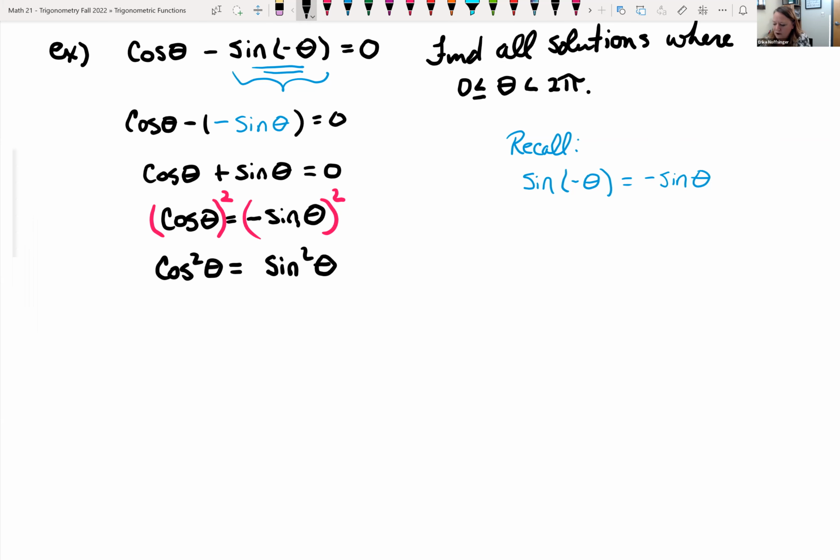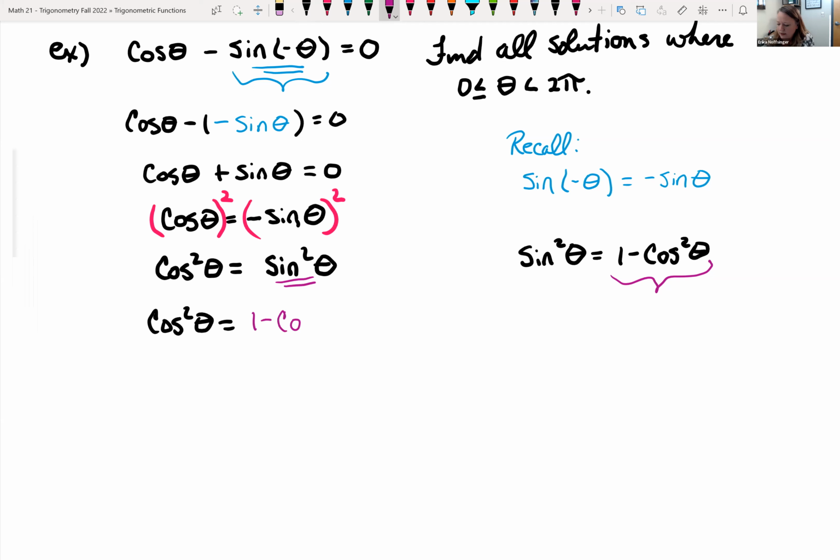Recall, we saw that sine squared theta was the same thing as 1 minus cosine squared theta. So let's rewrite sine squared theta using this. We have cosine squared theta is equal to 1 minus cosine squared theta.